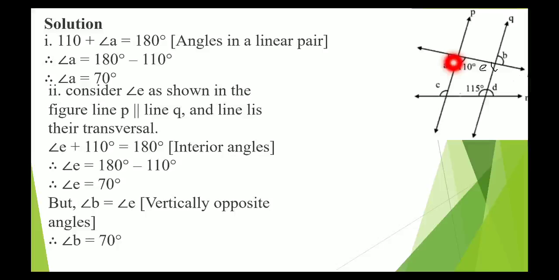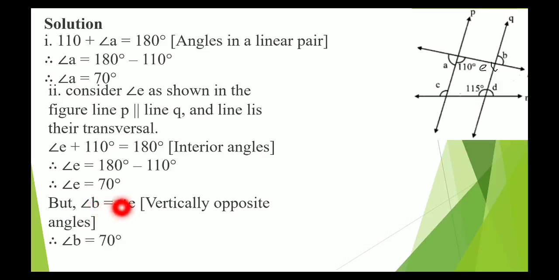The sum of the measures of interior angles is supplementary. Both are interior angles, so the sum is 180 degrees. So angle E is equal to 180 minus 110. Therefore, angle E is equal to 70 degrees.